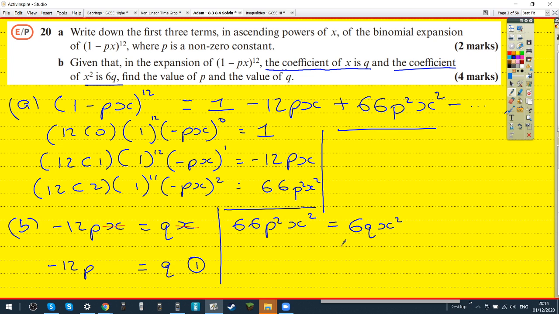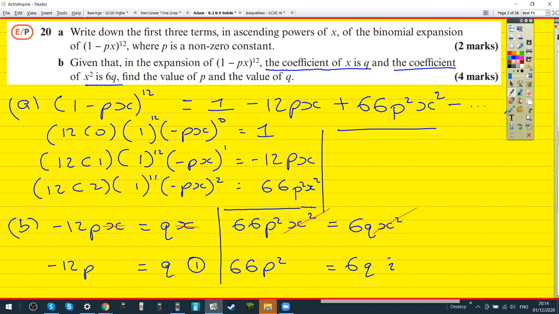How do we simplify this one? Can you get rid of x squared? Yeah. Which gives you 66p squared equals 6q. Okay, how do we solve? Could you divide by q on both sides? Nope.